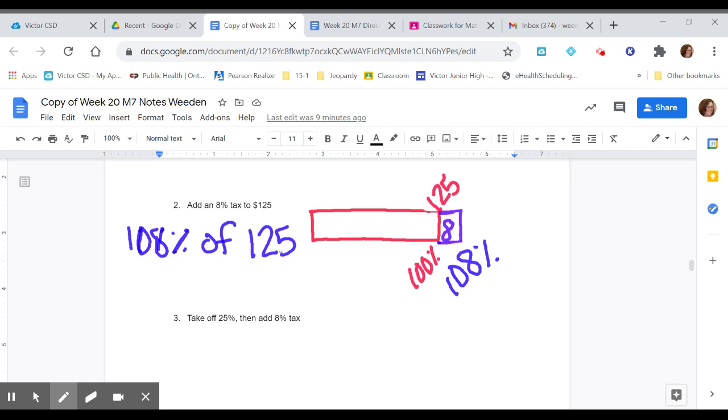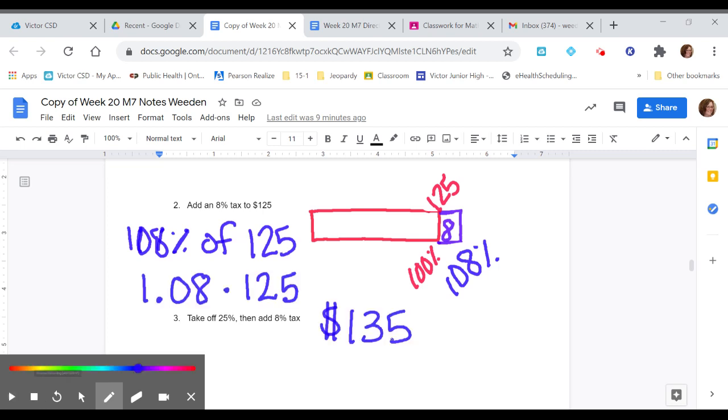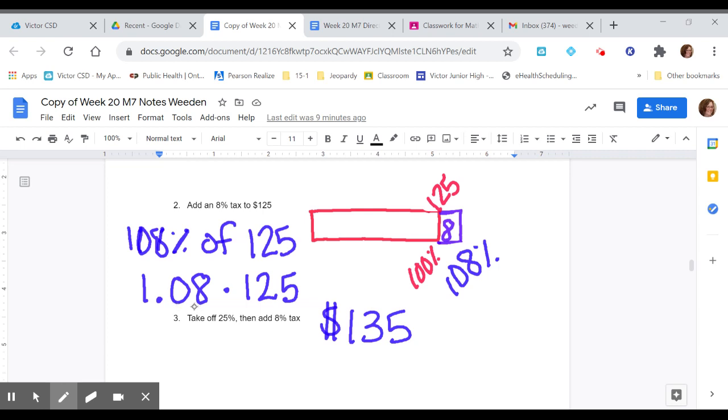Go ahead and find 108% of 125 and see what you get. So using my expression, I converted 108% to a decimal, so it's 1.08, and multiplied it by 125, and in one step, I was able to calculate the price with the tax already added on.